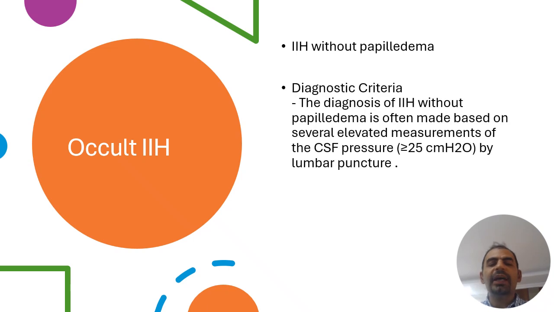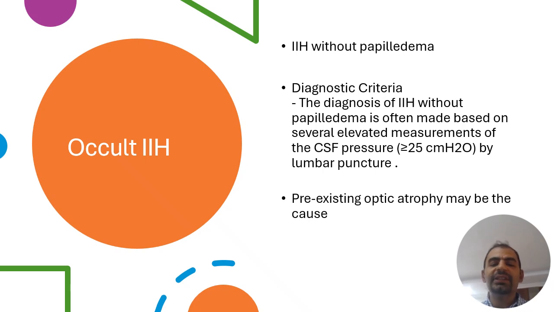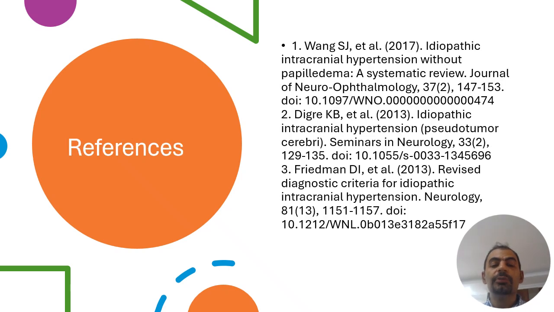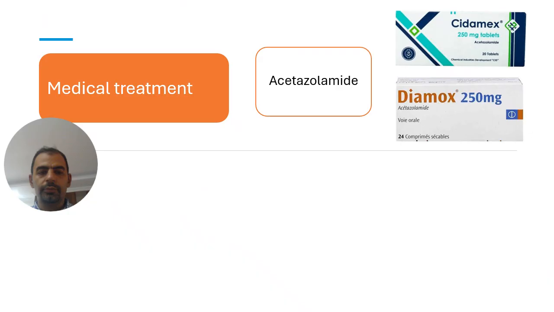It's diagnosed via repeated finding of the CSF opening pressure more than 25 centimeters water without papilledema. It's postulated that there is a pre-existing optic atrophy that precludes the occurrence of papilledema in those patients. These are some useful references about the occult IIH.